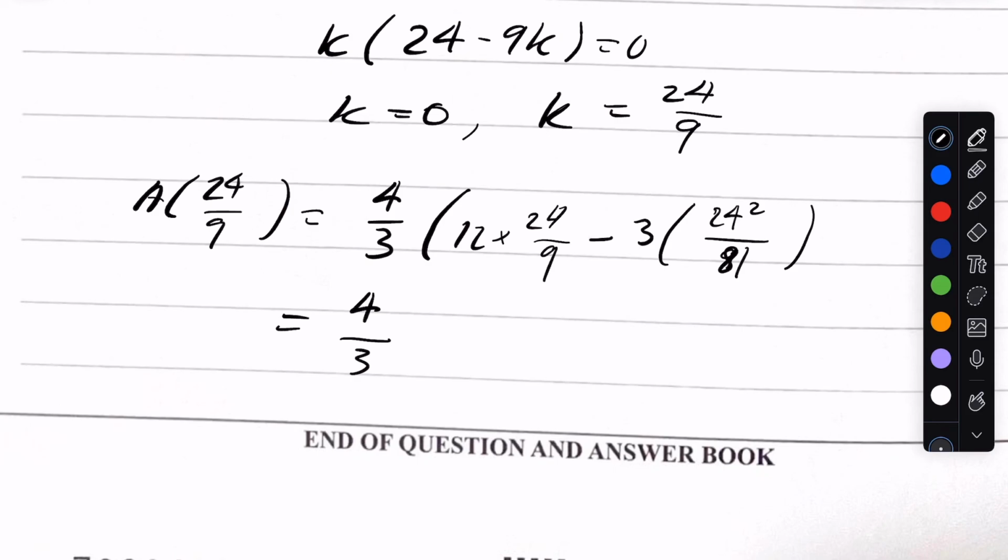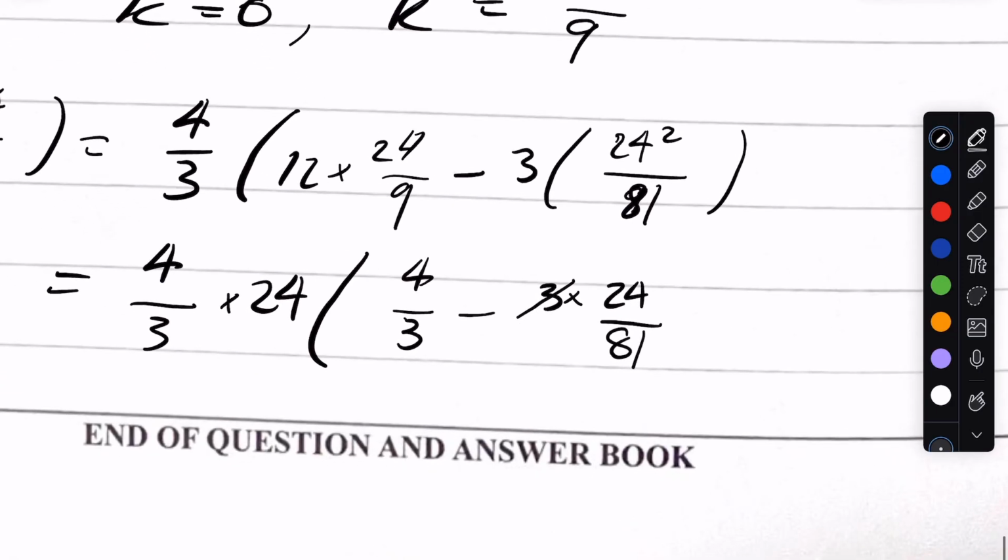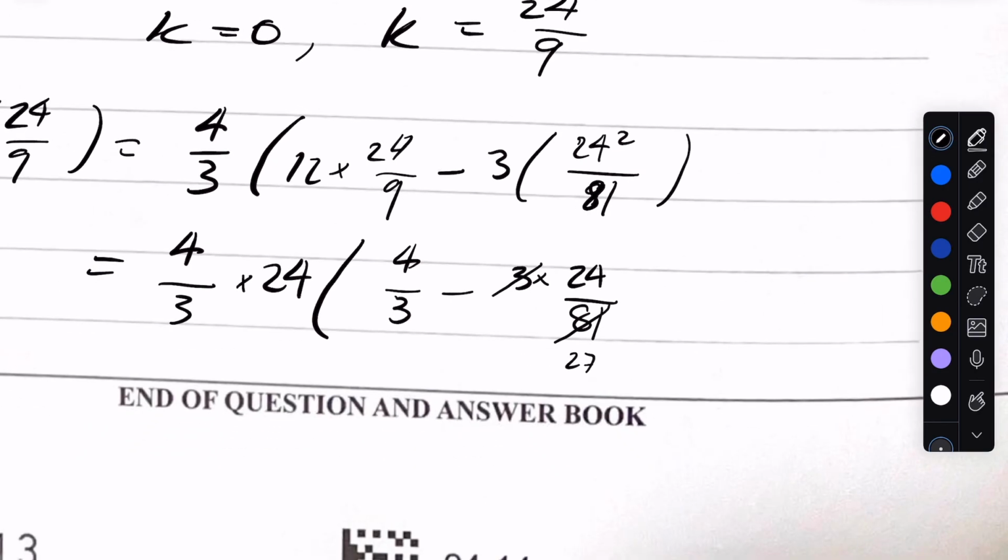So we'll take out 24 as a common factor. And so you've got 12 on 9, which is again 4/3, minus 3 times, you've got 24 left on 81. And this here cancels with the denominator, 27 times. And then that simplifies to be 8 on 9.